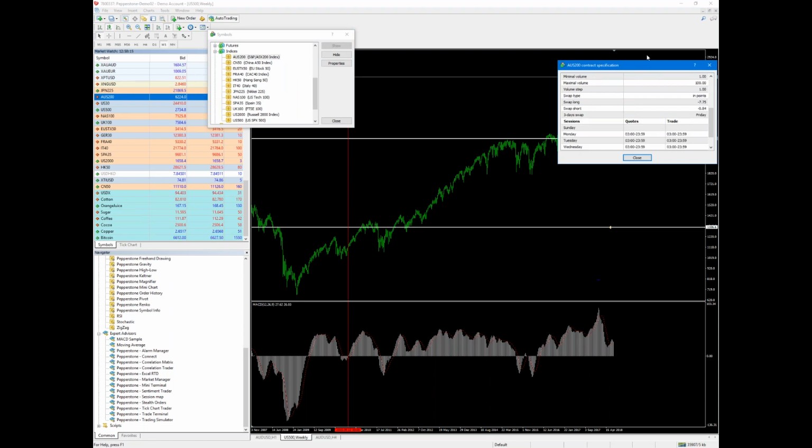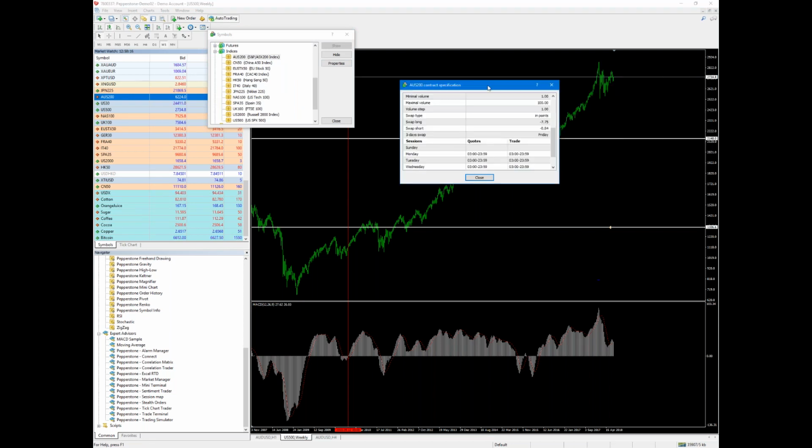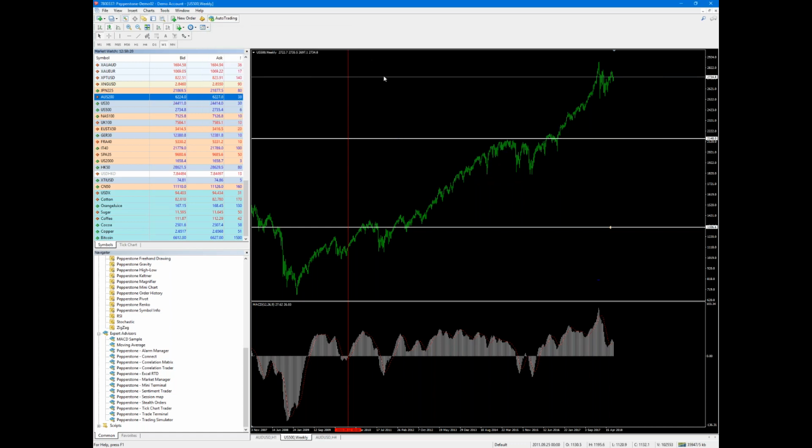So what I wanted to just talk about is the fact that when we are trading these pairs, we need to be aware of the potential costs that could be incurred, and we also need to be aware of the fact that we're going to need to be in these trades for a longer period of time.